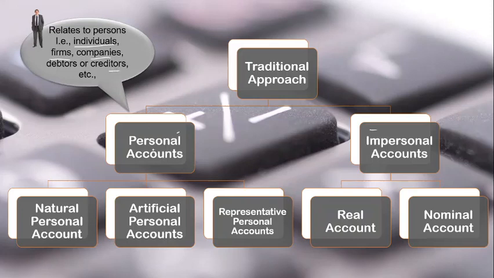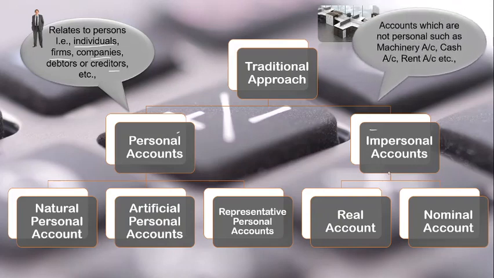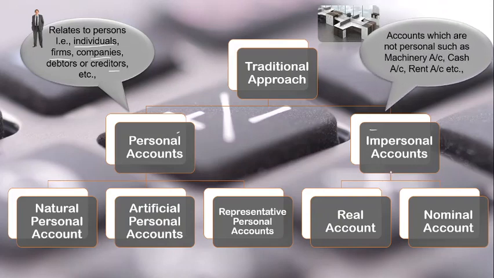Now, other than personal accounts, we have other types of accounts in the books which we maintain. We buy assets, so we have machinery account, and we have expenses and income also. Everything other than persons, which is not personal, is impersonal.